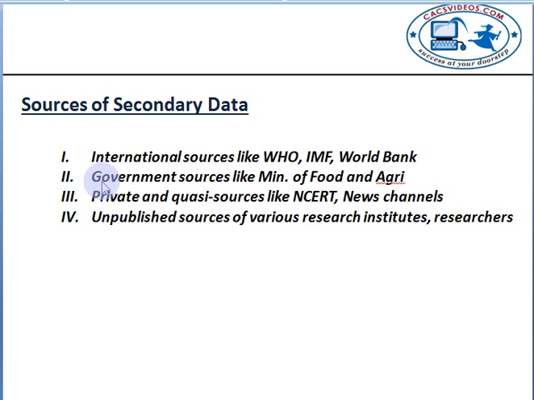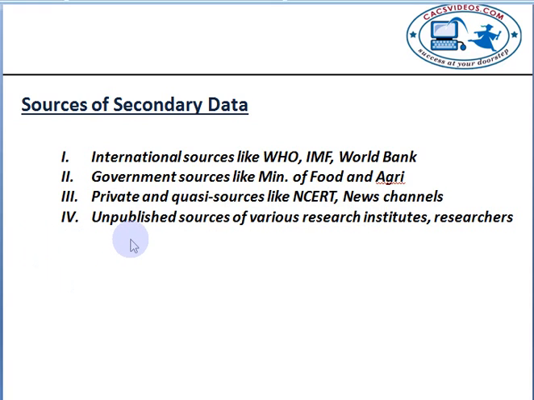Second type of secondary data is government sources like Ministry of Manpower or Ministry of Food and Agriculture. We can visit any government website and collect data from their website. So this is another source of secondary data. The third source of secondary data is private and quasi sources like NCERT or news channel data.